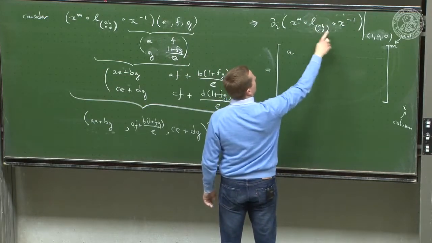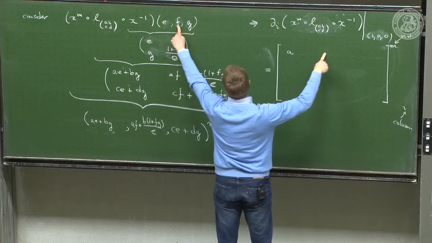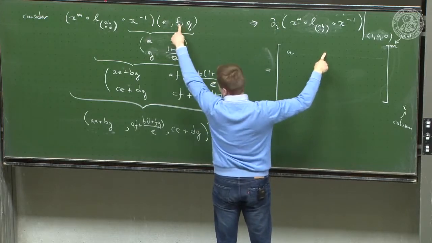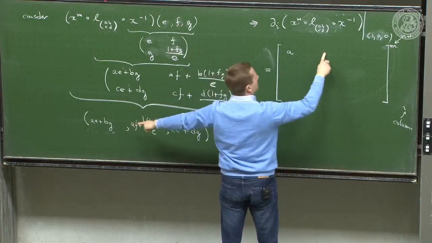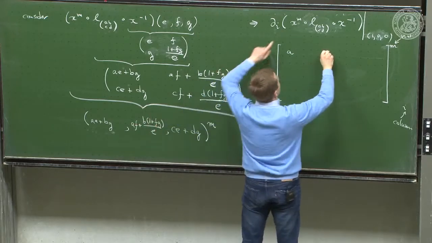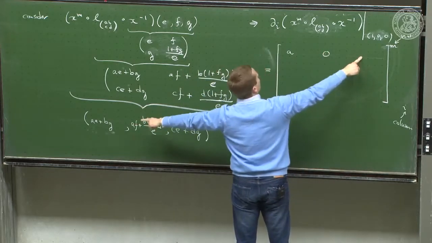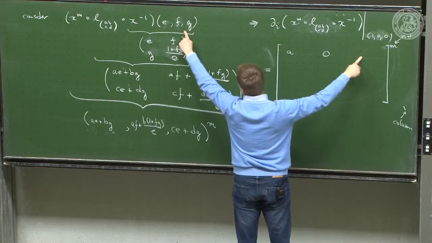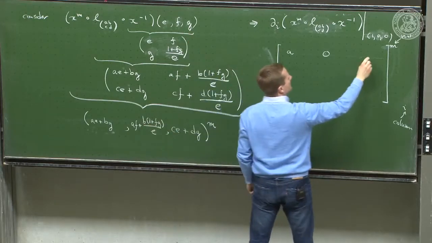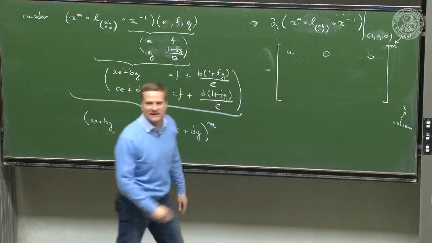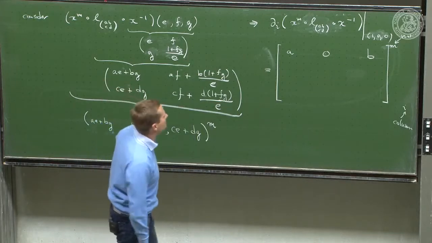The first one, m equals 1, with respect to the second entry, I equals 2, F is 0. And then the first entry, with respect to the third, with respect to G, is B. Okay, first line done. We are confident we can do this in general.